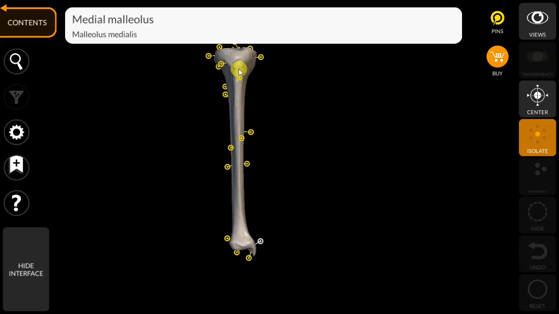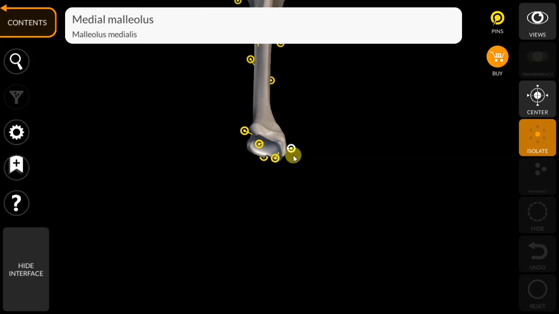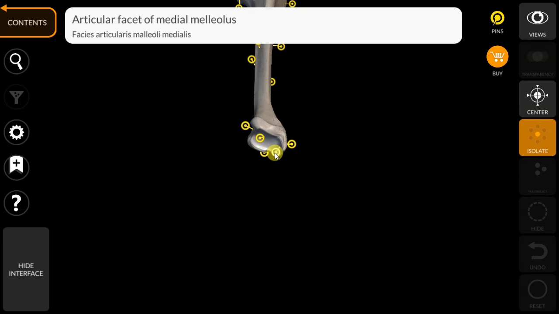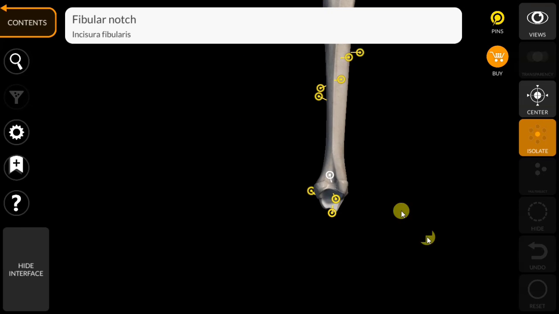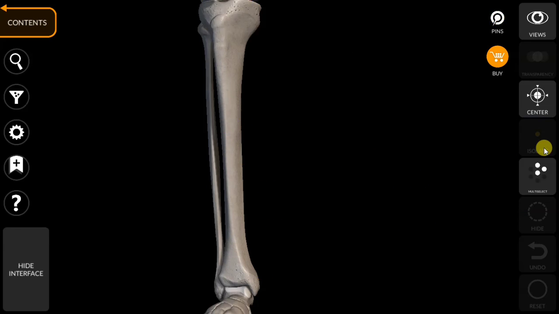So we can confirm that this is the bone of the right, because the tibial tuberosity always points toward the anterior side, and the medial malleolus will point toward the medial side of the body. This is the articular facet for the medial malleolus and the inferior articular surface. There is a facet for the articulation of the fibula. We say fibular notch. So that was the features of the tibia.